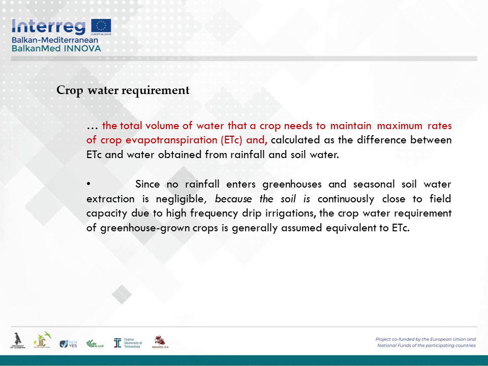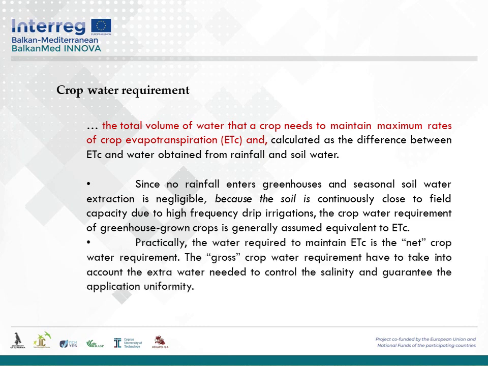Considering all this together, we should conclude that the crop water requirement of a greenhouse crop is generally assumed to be equivalent to the maximum rate of evapotranspiration, the ETC.